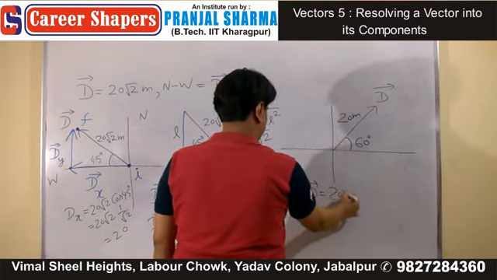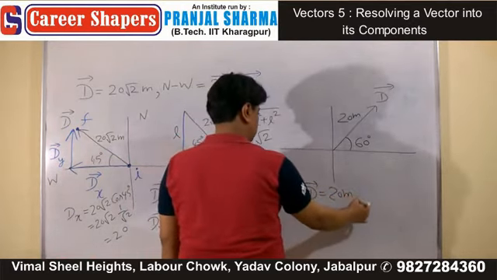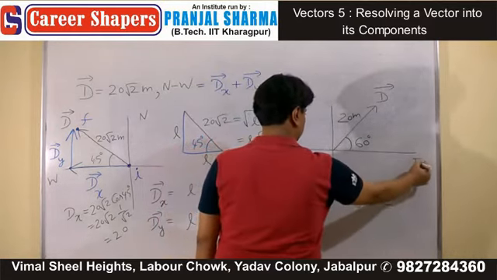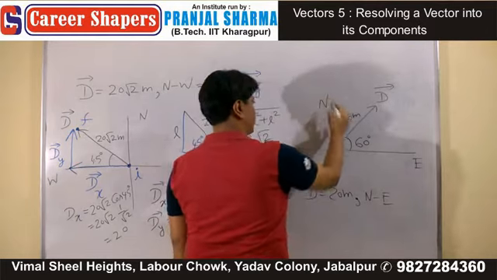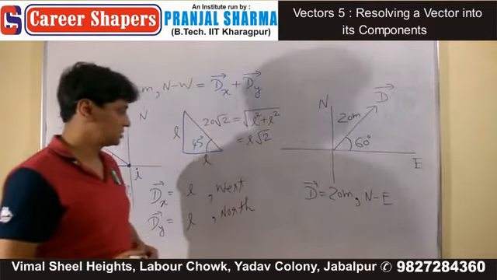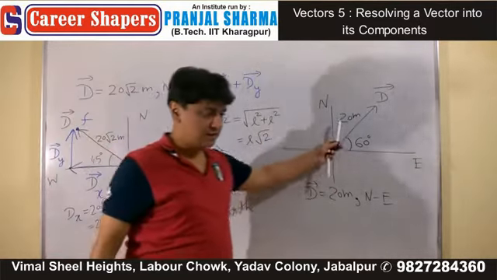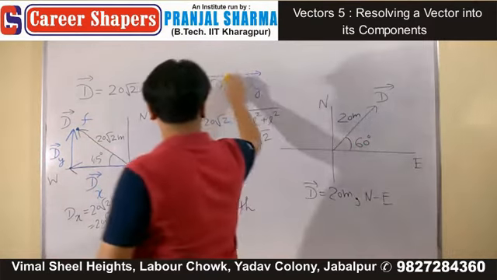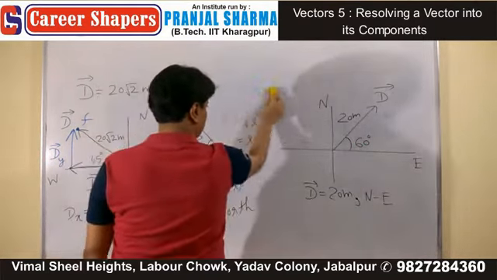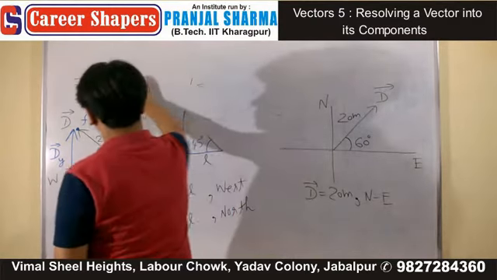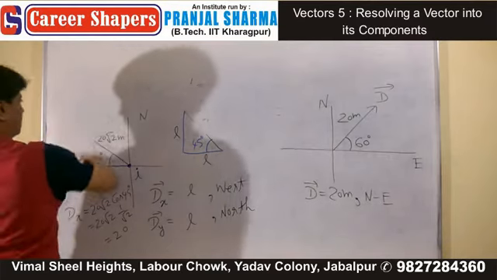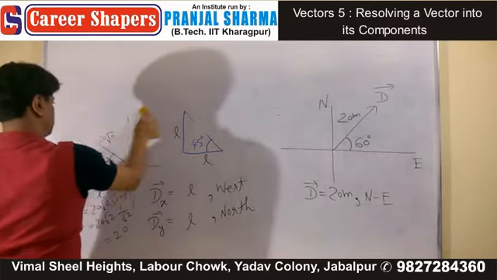Can I say that D is 20 meters northeast? Yes or no? What do you think? Write down in the comment box. If a vector is given in this form, then can I write D vector like this, 20 meters northeast? Yes or no?